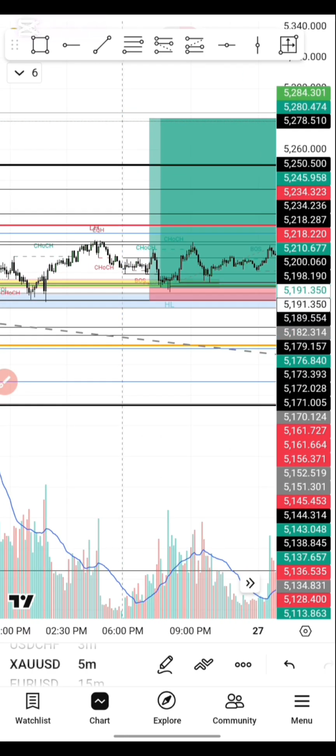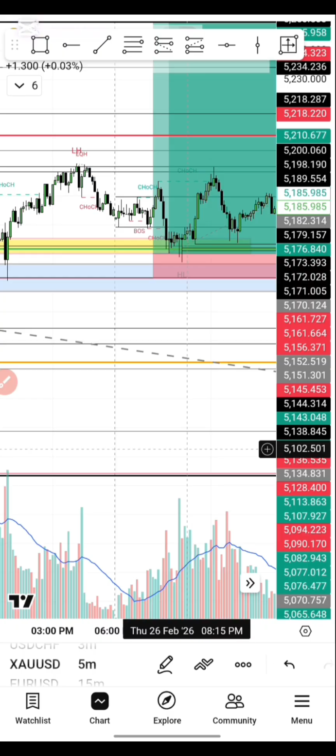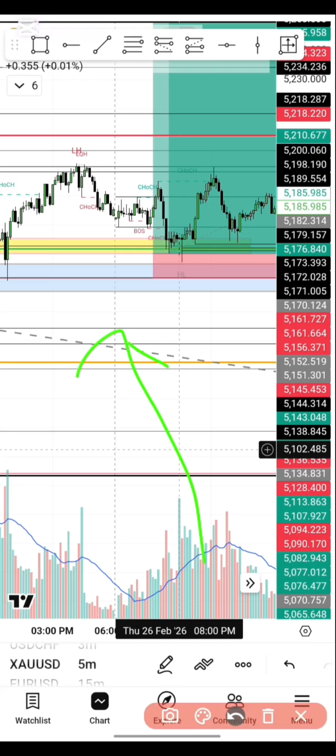I took the trade at 8. But still, I trade the Asia session. I didn't trade any other session. I took it at 8 p.m. New York time. So this is where your time is at.